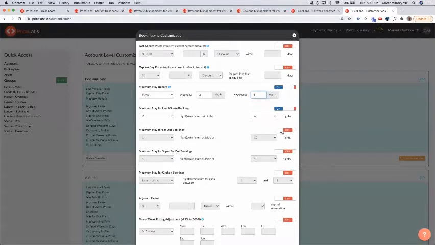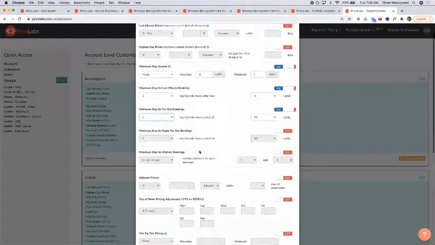What you can do if you're worried about opening your calendar for those future dates, to make sure no kind of bad bookings come in, you can say, if anyone is booking more than 90 days in advance, make sure they book at least a 5-night stay. So this way you're protecting yourself from someone taking a short booking during your high season further out by having that minimum stay in place, so that even though your calendar is open, you're only taking longer reservations there.